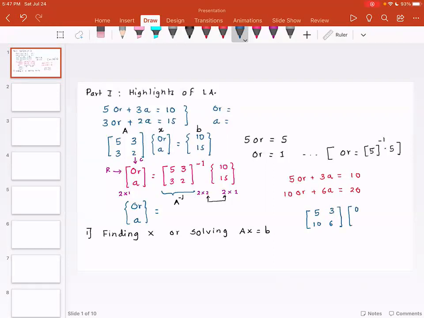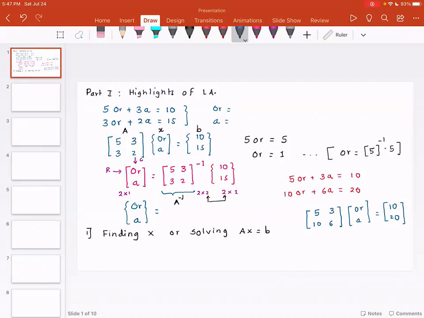Same as the previous one, orange and apple, 10 and 20.